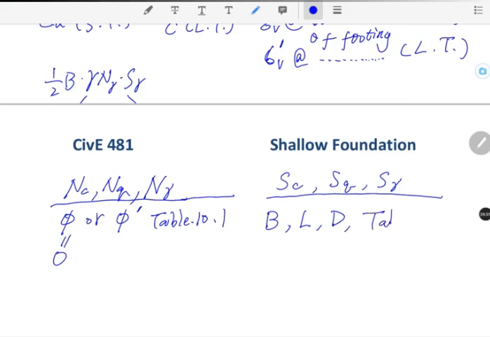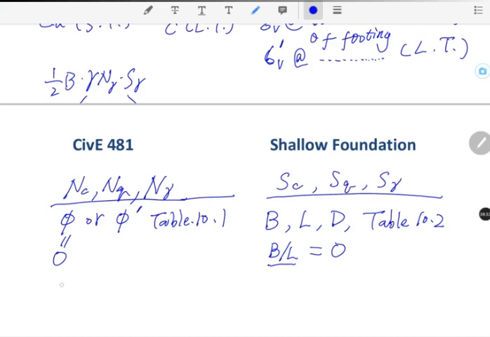And through table 10.2, you can determine these three S factors. Notably, when you need to use B over L ratio in this evaluation for strip footing, you have to assume this ratio to be 0.